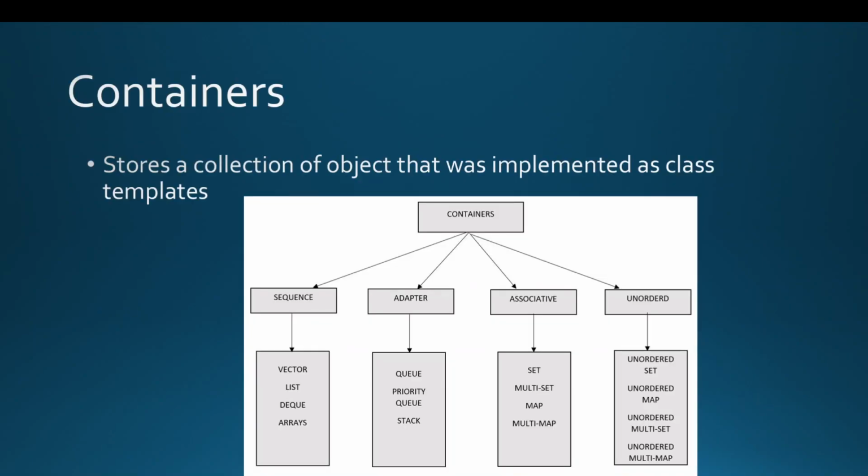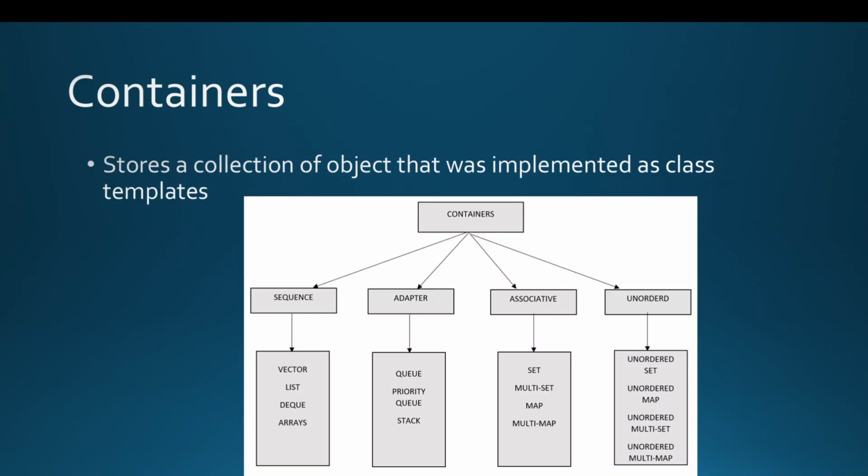So what's a container? Before we go into vector, a vector is part of a container. We need to know what a container is so that we can understand other objects like vector. A container stores a collection of objects that was implemented as class templates.